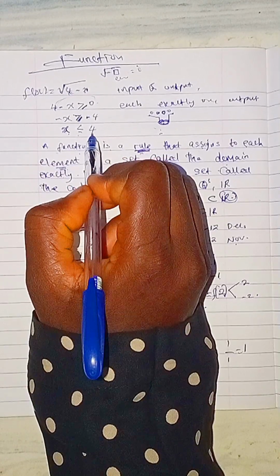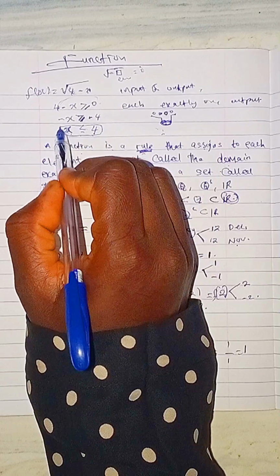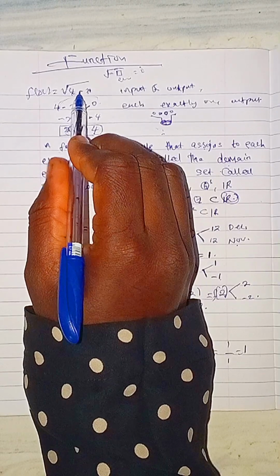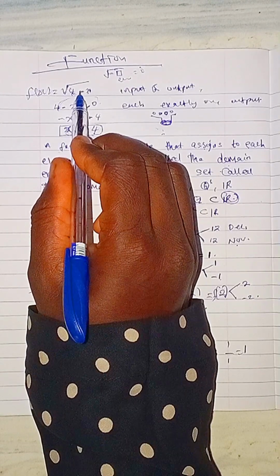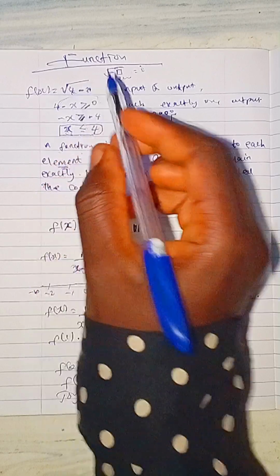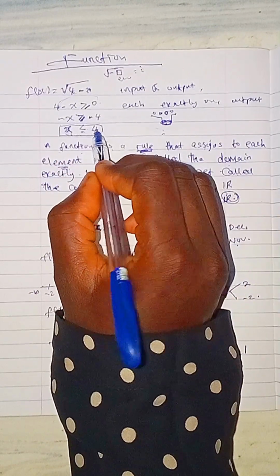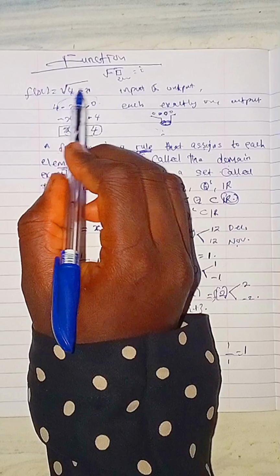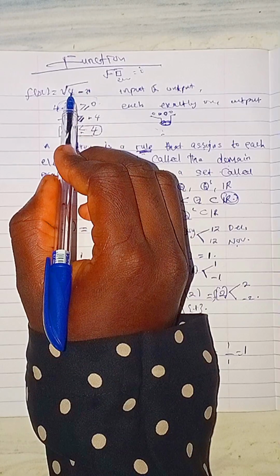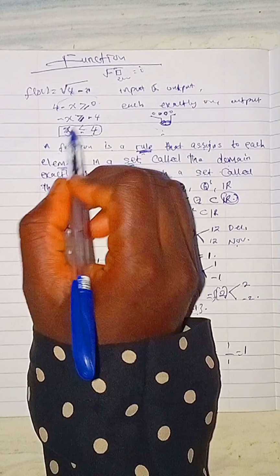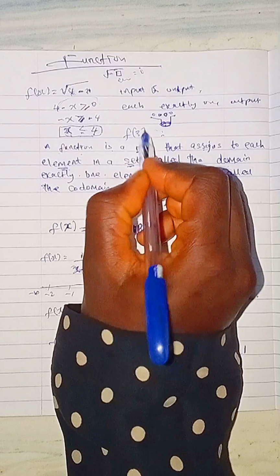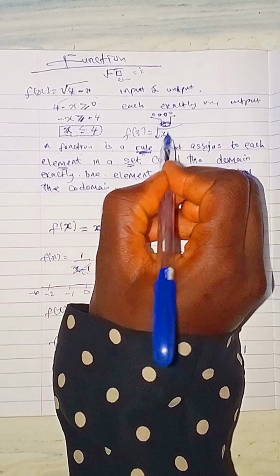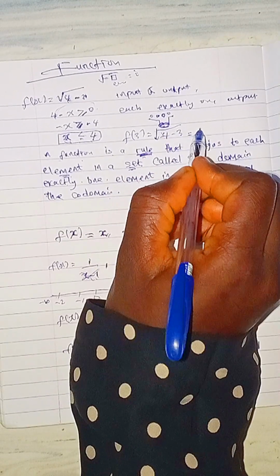Anything that does not obey this relation will give a square root of a negative number in this function. So when x is less than or equal to 4, the inside of the square root is always non-negative. So when x is 3, f of 3 will be the square root of 4 minus 3, which is 1.